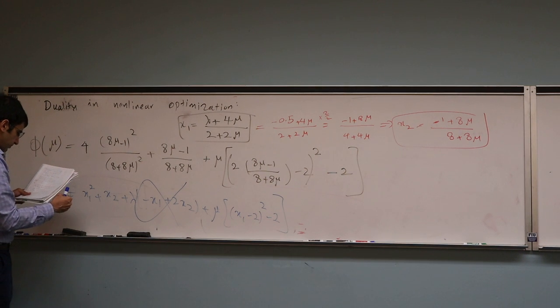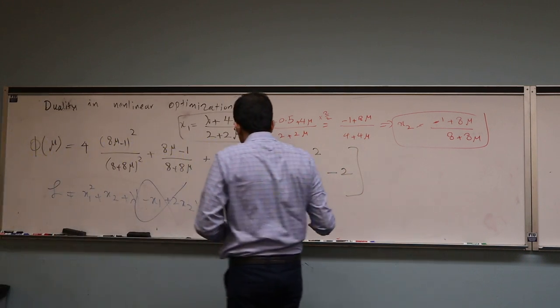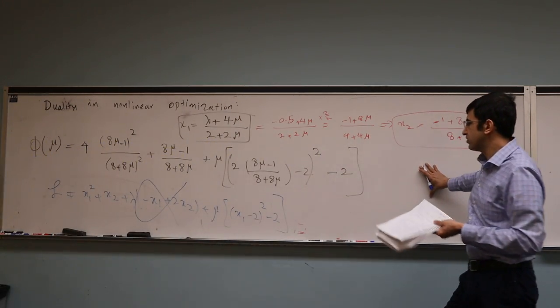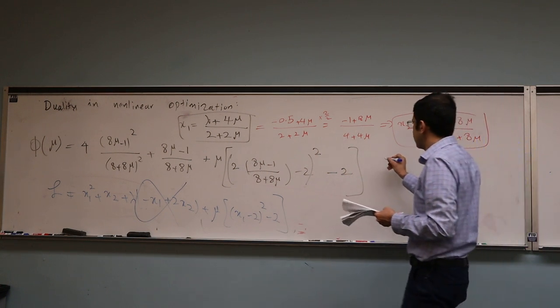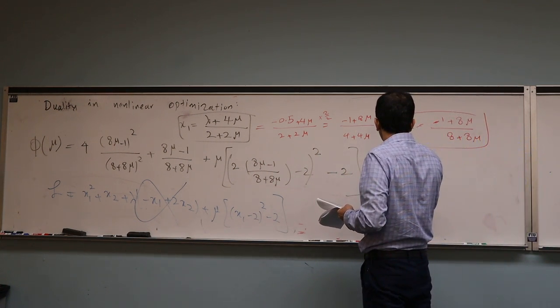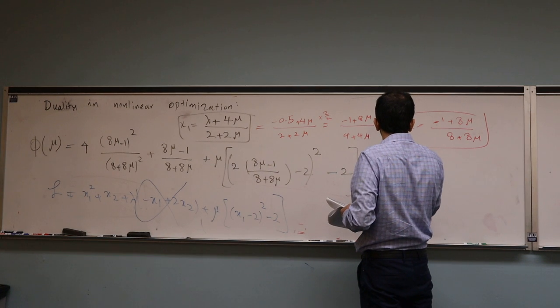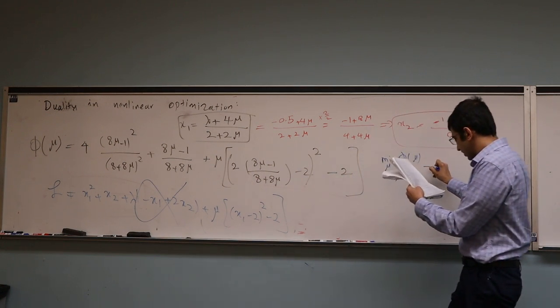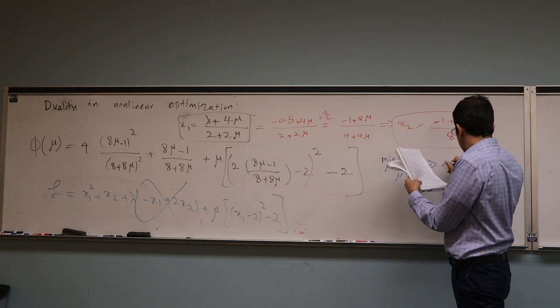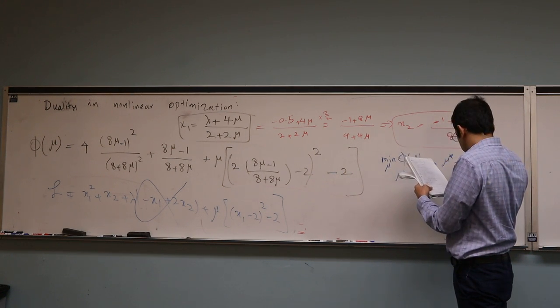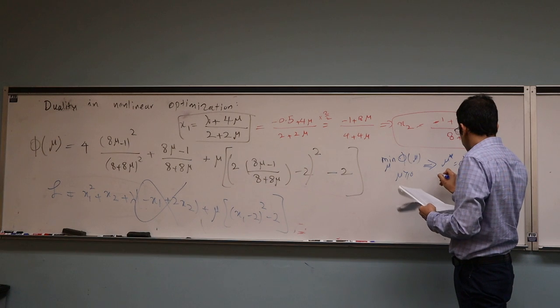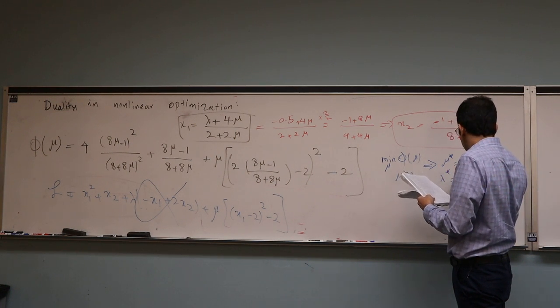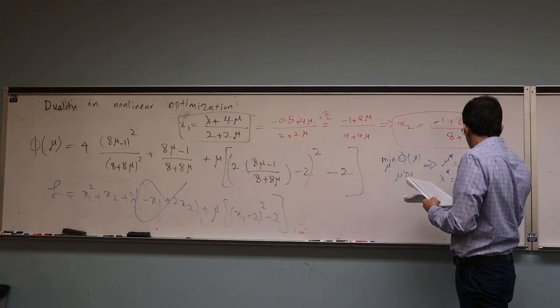So, if we solve both of these problems, I'm not going to go over the details, but your dual problem is minimizing phi of mu, subject to mu is positive. So the answer to this is mu star is 0.59, and we already know that lambda star is minus 0.5.